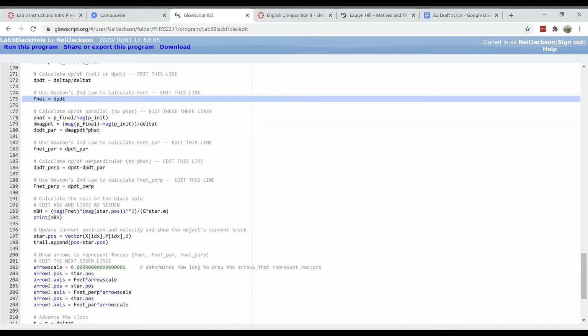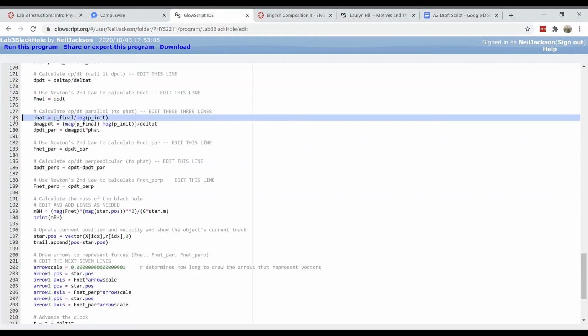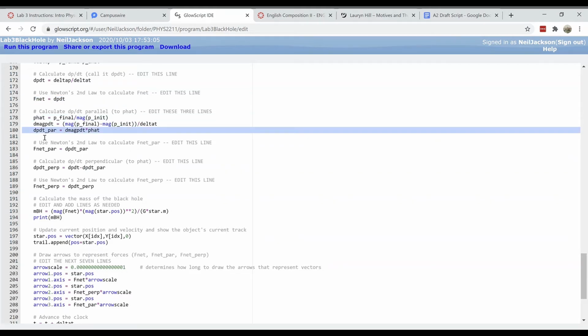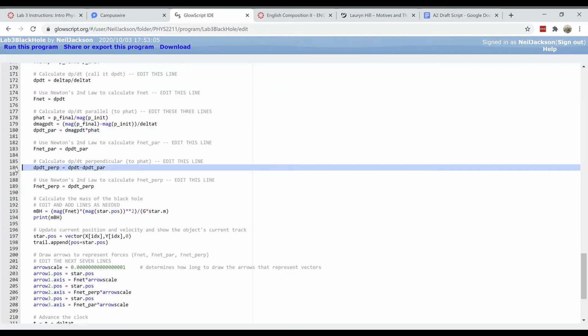From there, I can use the formulas on the previous slide to calculate dp/dt parallel, and then from that I can use a little trick, where we know dp/dt is equal to the sum of the parallel and perpendicular components.